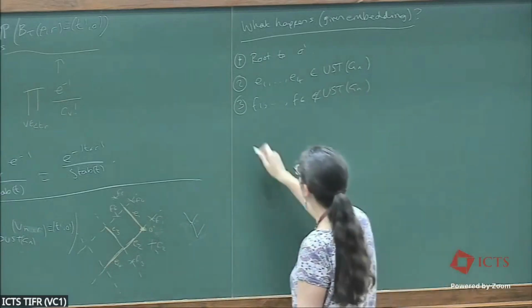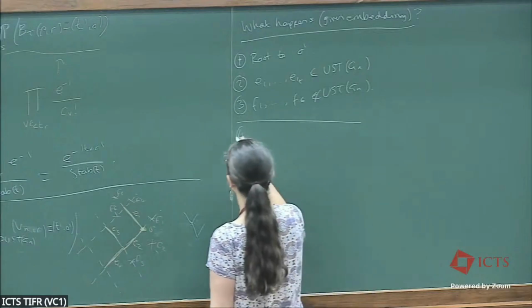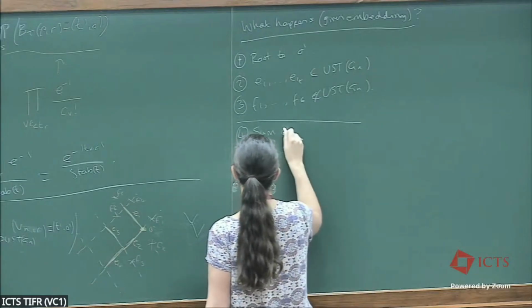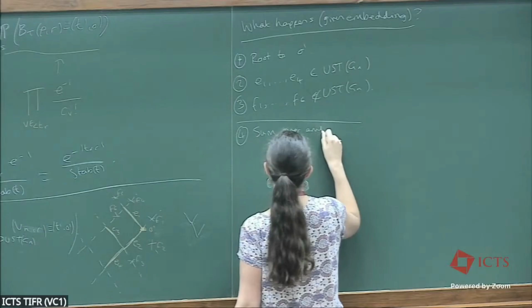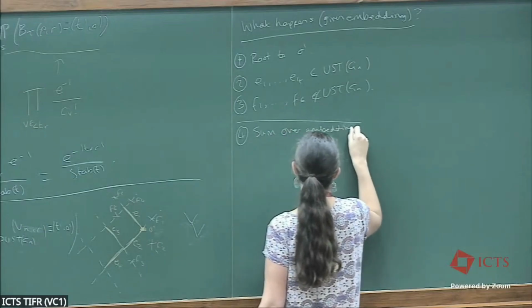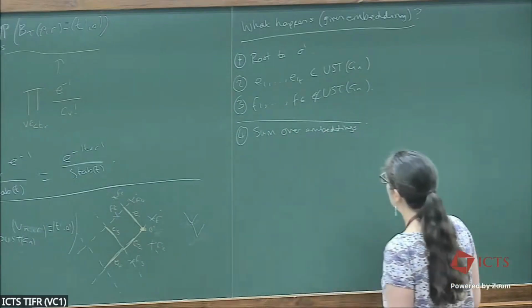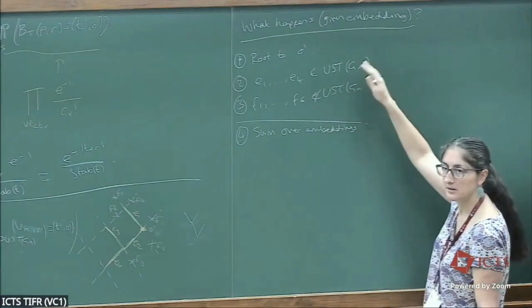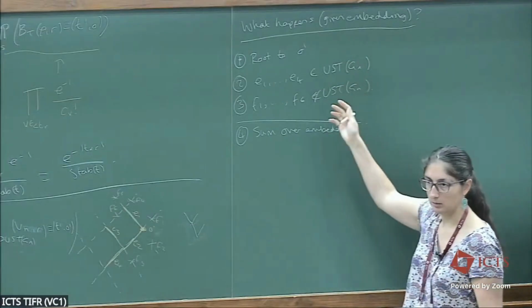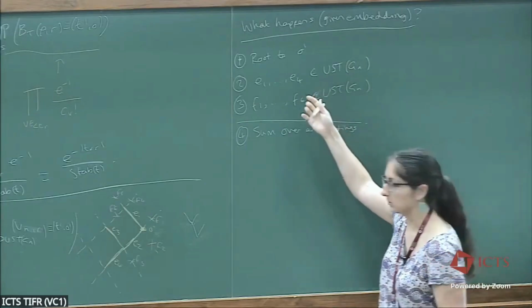And then once I've done that, the final step is the sum over embeddings. So we need to count how many embeddings, basically. I'm basically going to estimate the probabilities of all these events and just multiply them. Maybe some of them will be conditional on the other ones.